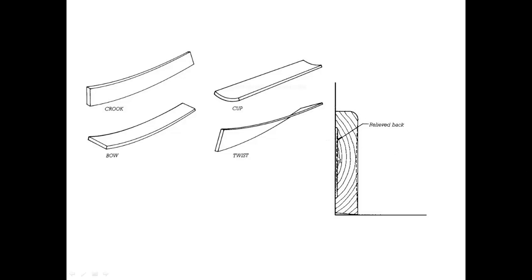It has a relieved back on it. So if it shrinks and cups in, it's not going to split the wood. It gives it a little bit of give and allows it to move within the woodwork. Otherwise it might pop itself off the wall. So you'll see some of this stuff built into the wood, so it allows for a little bit of additional shrinkage as the wood moves along.